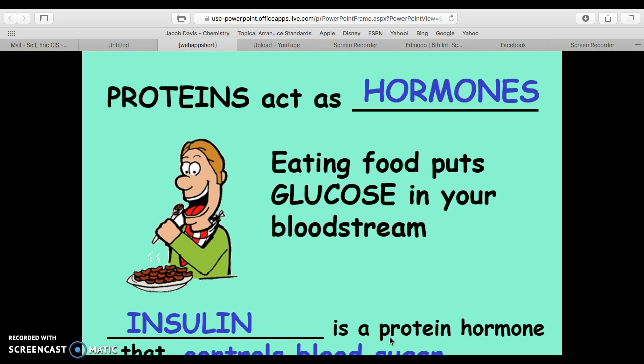So insulin is a protein that is a hormone, goes into your bloodstream and actually lowers the amount of blood sugar. And so that is very important. If that doesn't correctly function, then you're going to become diabetic. And so that's, again, something we'll talk about under the symptoms and things that can go wrong with our body.